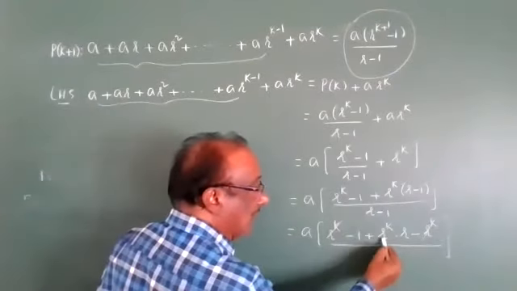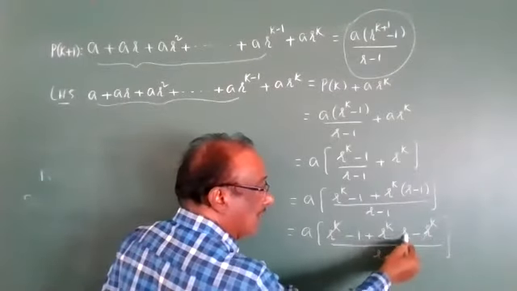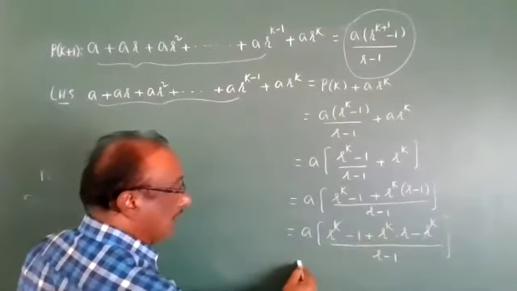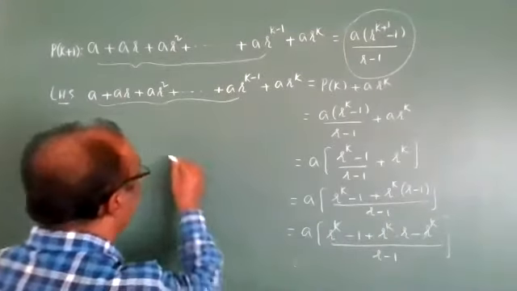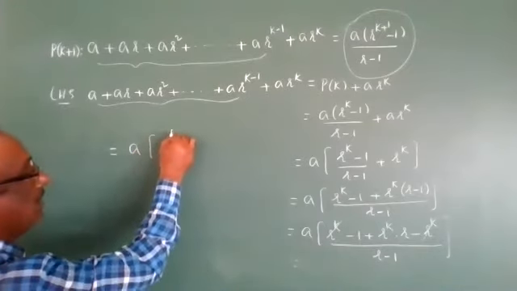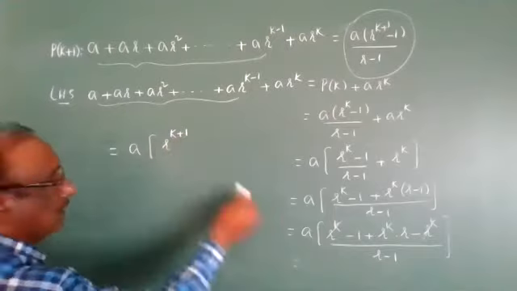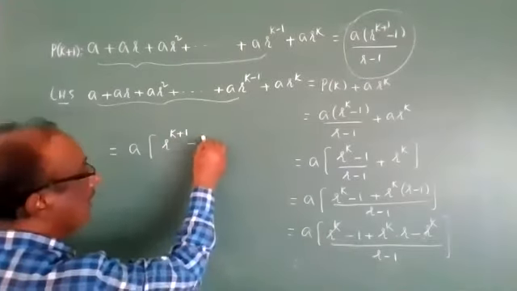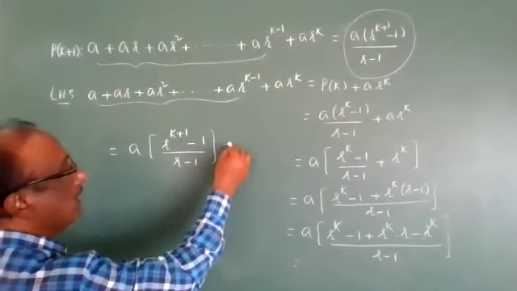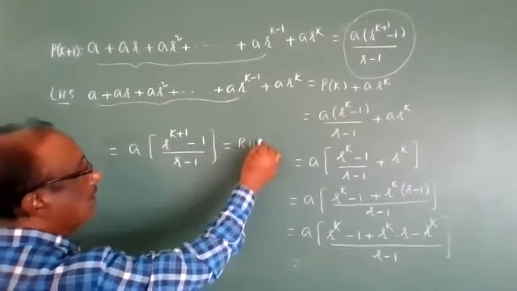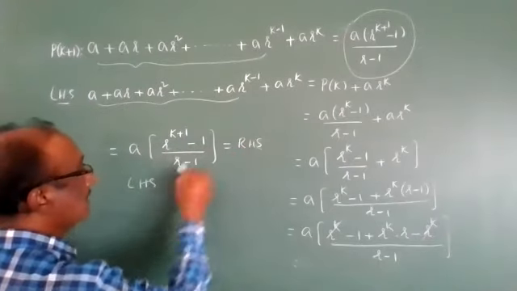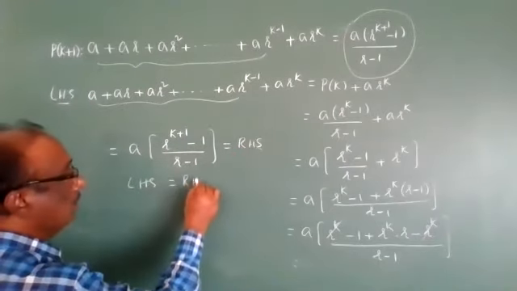The bases are equal, the r bases are equal, so powers should be added. So a into r power of k plus 1 minus 1 upon r minus 1. That is the RHS. Now write down LHS is equal to RHS. Hence proved.